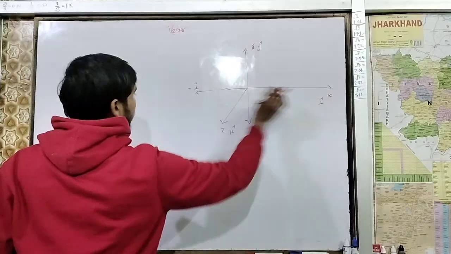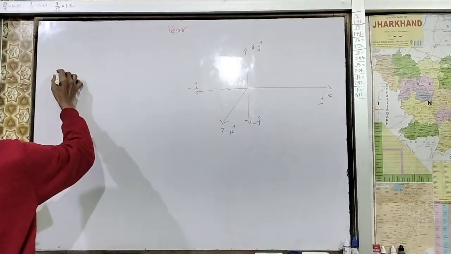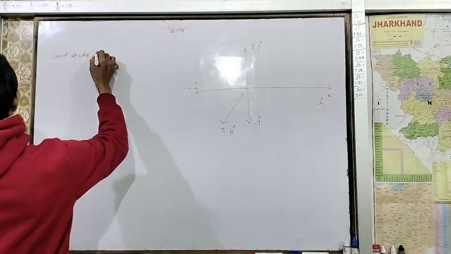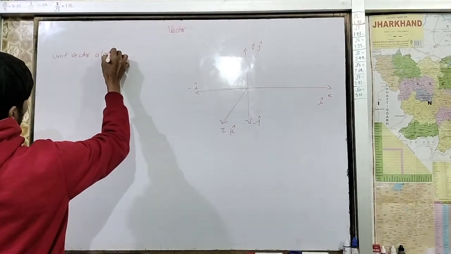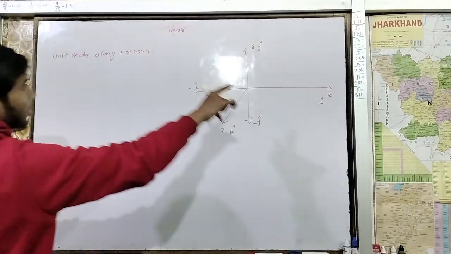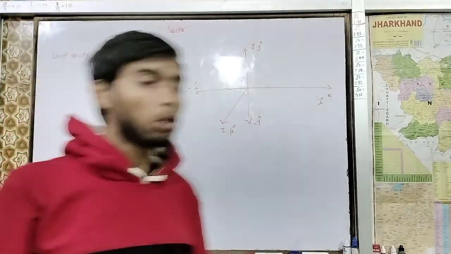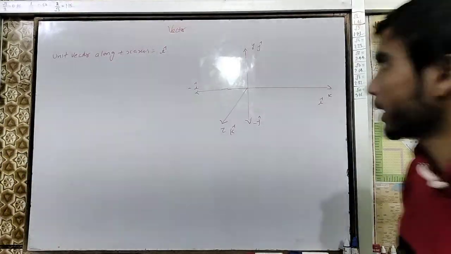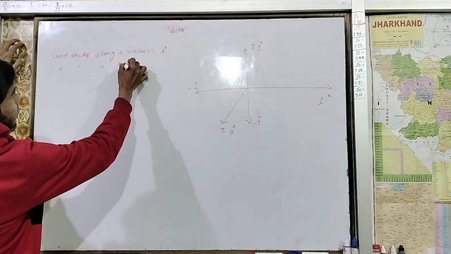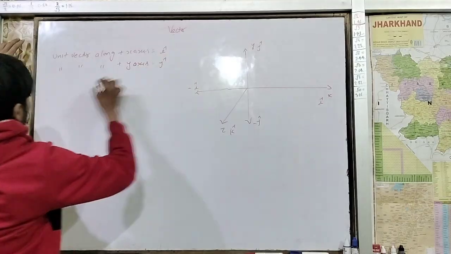Now the unit vector along the positive x-axis will be our positive i cap. The unit vector along the positive y-axis will be our j cap.